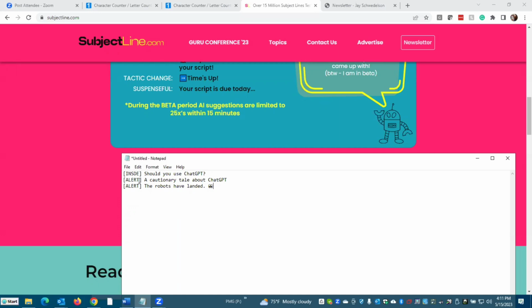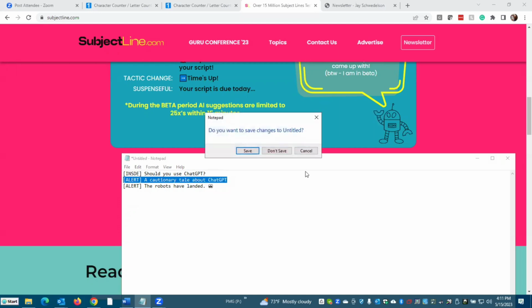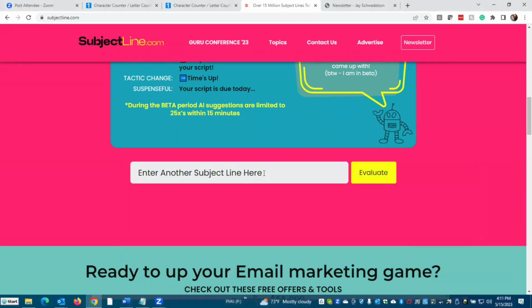I tend to use the brackets with alert inside. So let's actually do this one. This one doesn't have an emoji, so they might ping me for that, but let's see what comes up. Enter my subject line here.